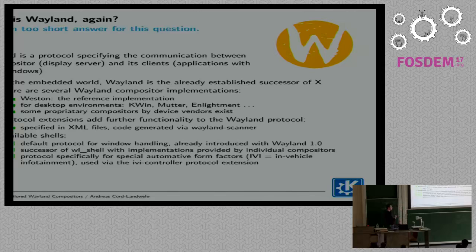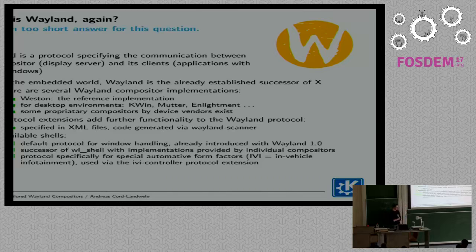In the automotive field, especially, we have the Ivy shell extension, which gives you a small, tiny interface to communicate with your compositor, with the goal that it's interchangeable. You can take any compositor that speaks Ivy shell and exchange it. However, that is really limited in what you can do there.